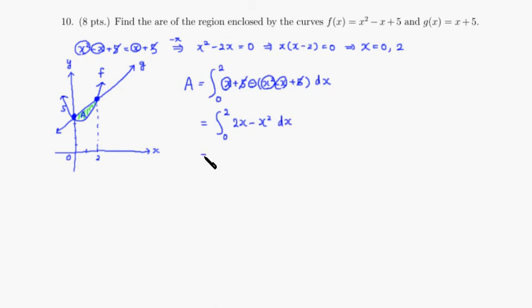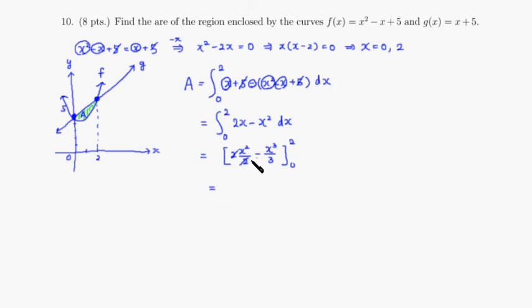So find the antiderivative, which is going to be 2 times x squared over 2, and the 2's cancel out, minus, add 1 to the power, x cubed over 3, which goes from 0 to 2. Then we can just plug in 2.